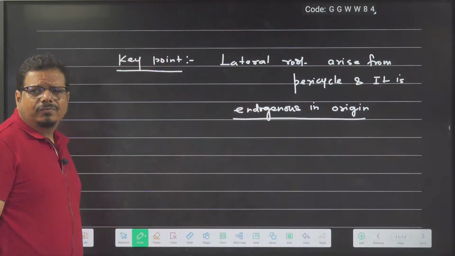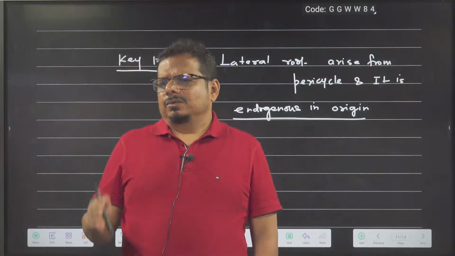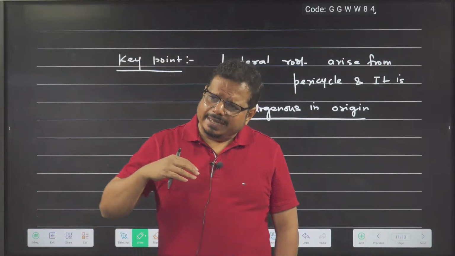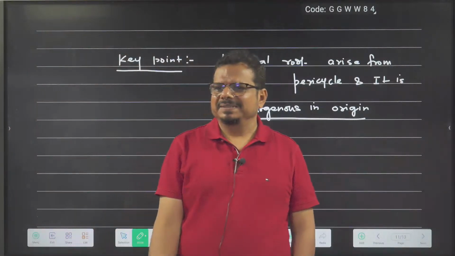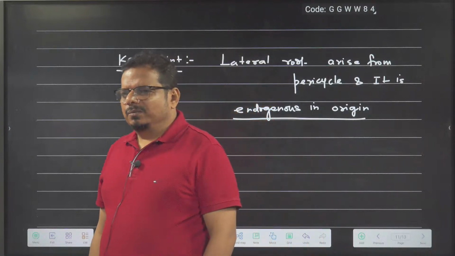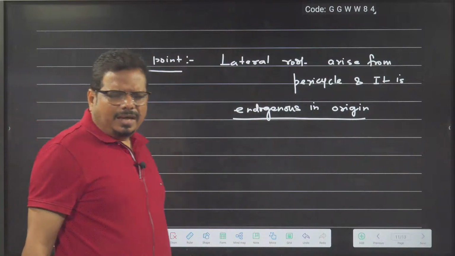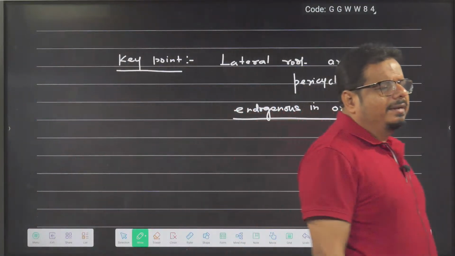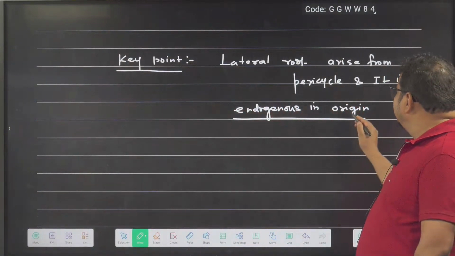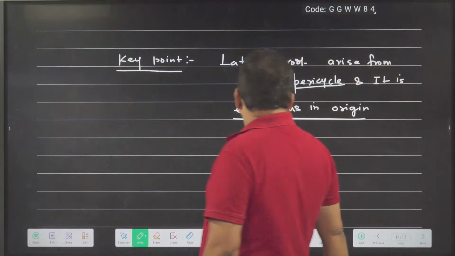What is the meaning of endogenous and exogenous? When anything arises from the deeper part, it is called endogenous. When anything arises from superficial layers, outer layers, and some of the inner layers, it is called exogenous. So it is arising from the pericycle. Hence we are telling it is endogenous in origin.